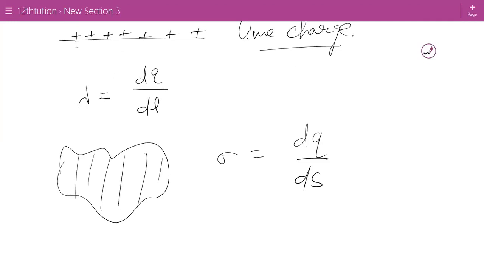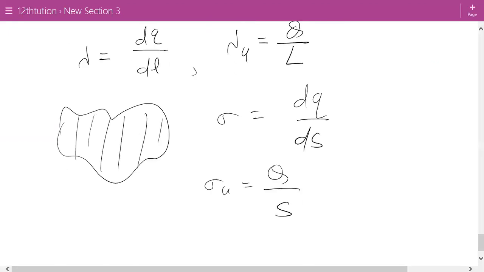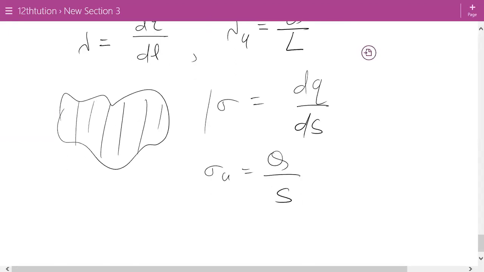If it is uniform, then you can write total charge divided by total area. Here also, if lambda is uniform, you can write total charge divided by total length. But if it is not uniform, you cannot write this formula; instead, you have to use this formula.